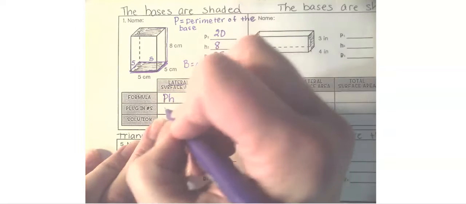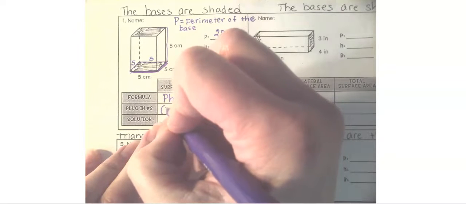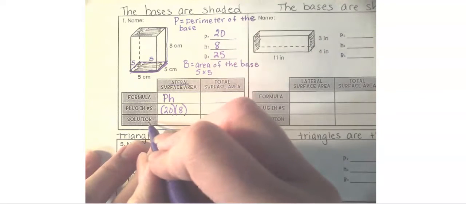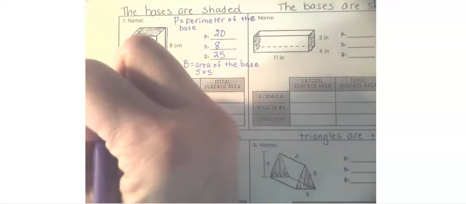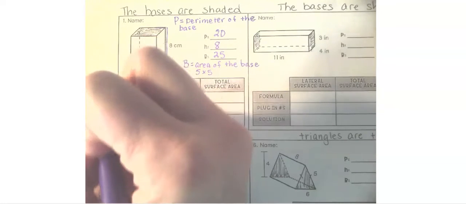Capital P, I'm taking out the P and I'm putting 20. Taking away the H and I'm putting 8. And my solution is 20 times 8, which obviously you can use Desmos, and please use Desmos, please.